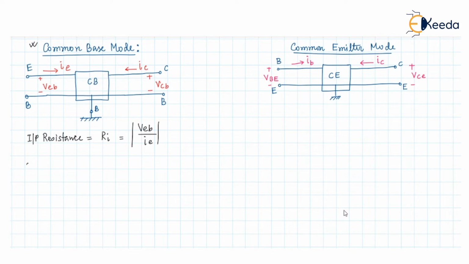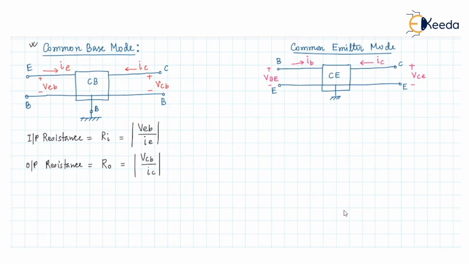Similarly, if we find the output resistance of the common base connection, let us denote it as Ro, then it will be the output voltage, that is VCB, divided by IC, that is the output current.